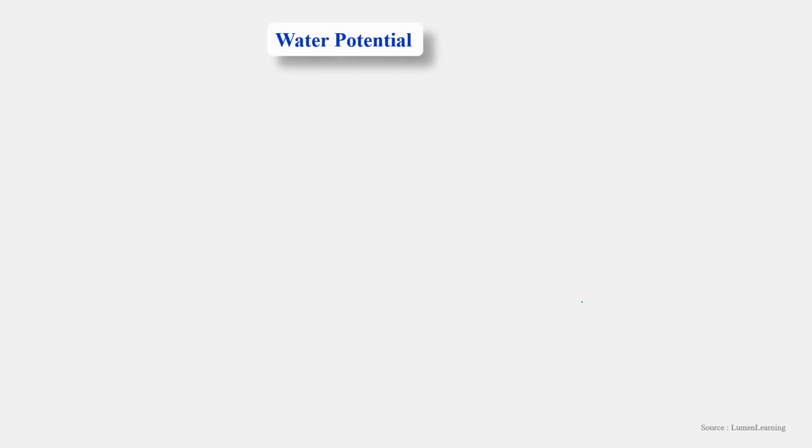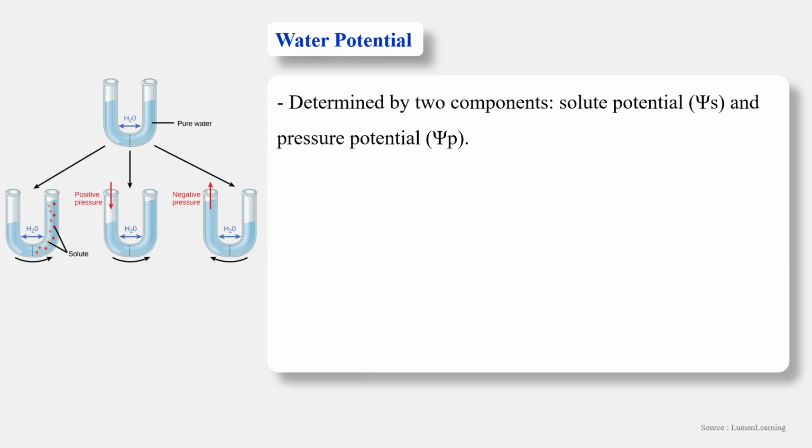Now let's discuss some terms related to this water, movement of water, movement of solute, or solvent related transportation. So the first term which we are going to discuss over here is water potential. What is water potential, and what are those factors which actually determine it?